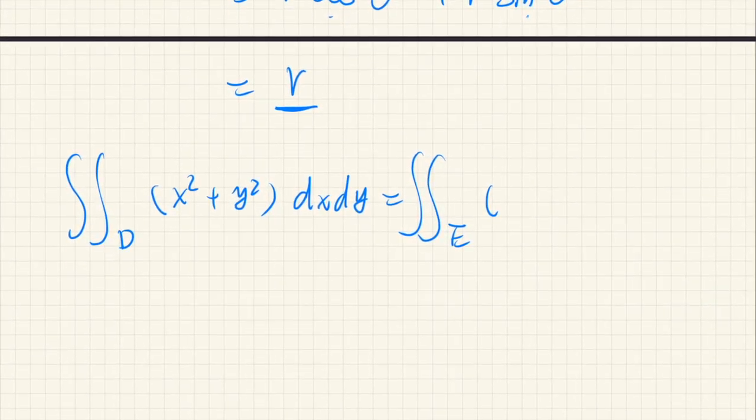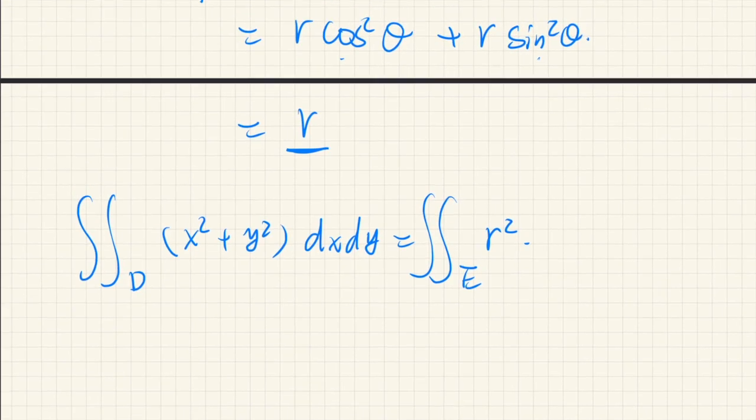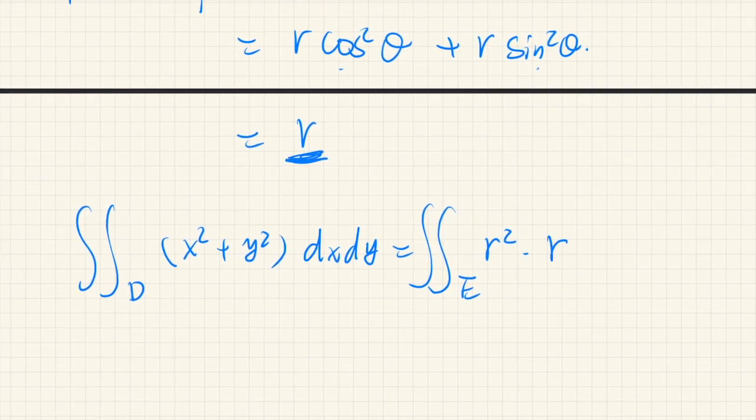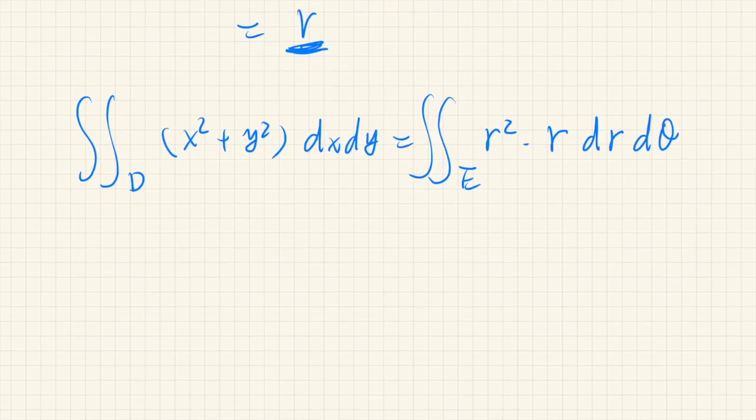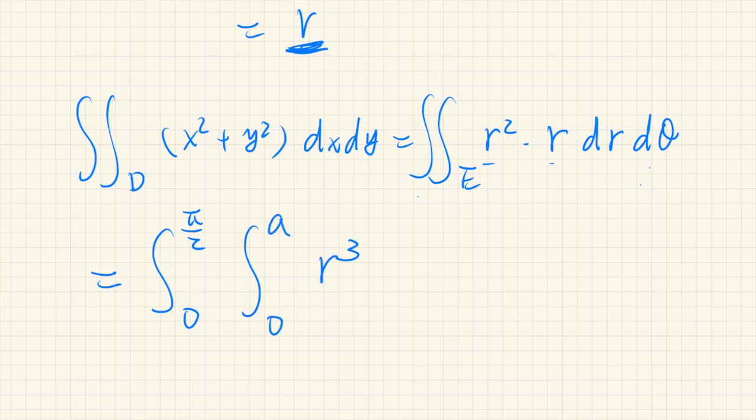So here we have r squared, and the Jacobian is r, and dr d theta. Now we use the iterated integral of this. So theta varies from 0 to pi over 2, and r varies from 0 to a, and we have r cubed here.